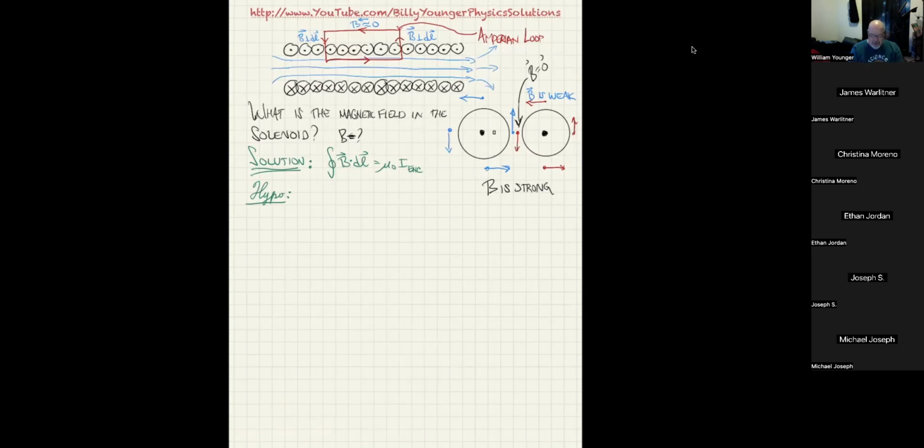So if I imagine a coordinate system like this, where that's my x-axis and that's my y-axis, then my hypothesis is that my magnetic field is going to depend only on y, and it's going to point in the i hat direction inside. And I mean that inside the solenoid, of course.